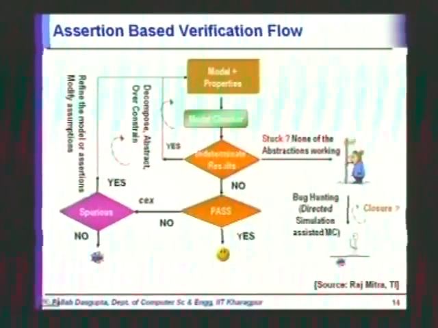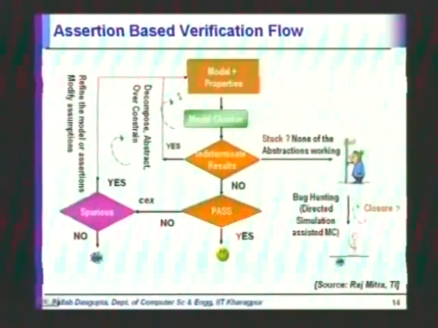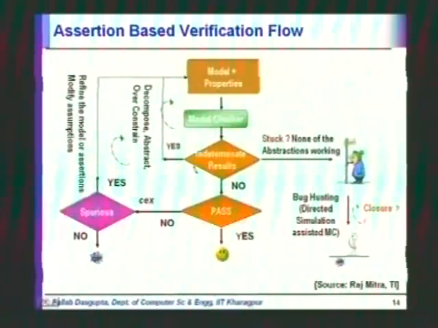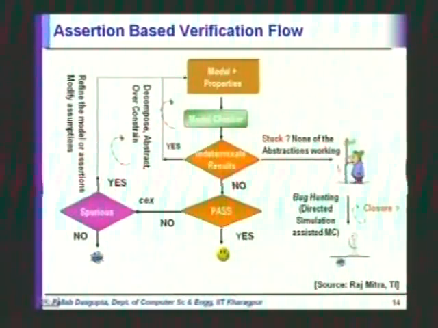If it is indeterminate, then you go back and create a new abstraction, try this again, and you can go around in this loop several times. And if you still cannot prove the properties, then you realize that these properties you can't prove with formal. So then you go into what is called bug hunting mode, which is directed simulation, the other thing that I talked about, where you check the properties over simulation.